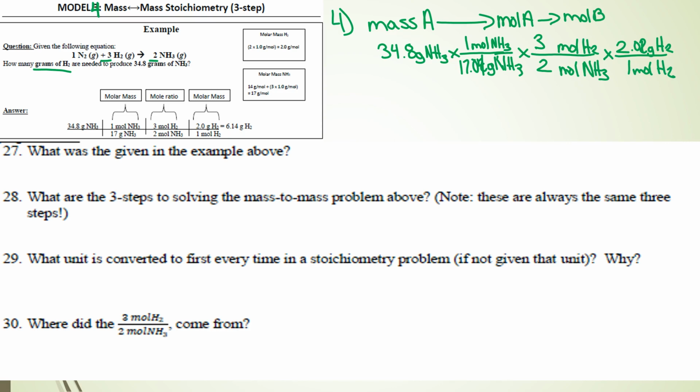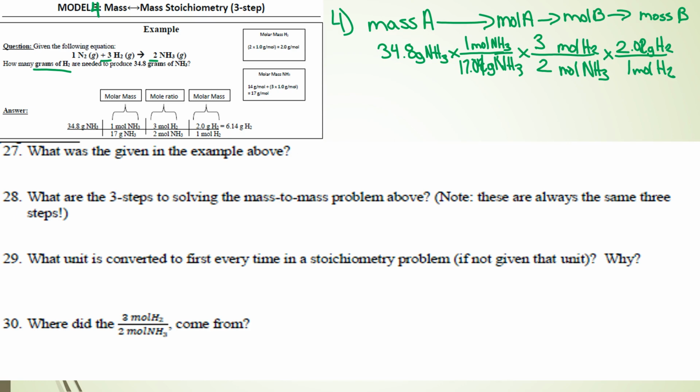So the last step is I'm trying to get from mole of B to mass of B. The thing that I want you to understand, every one of these calculations, every step that we've done here is something that we did in chapter 6. In chapter 6, we were just doing it within one formula. The only thing new that we added is to be able to go from one formula to another formula. And that's through that mole ratio.